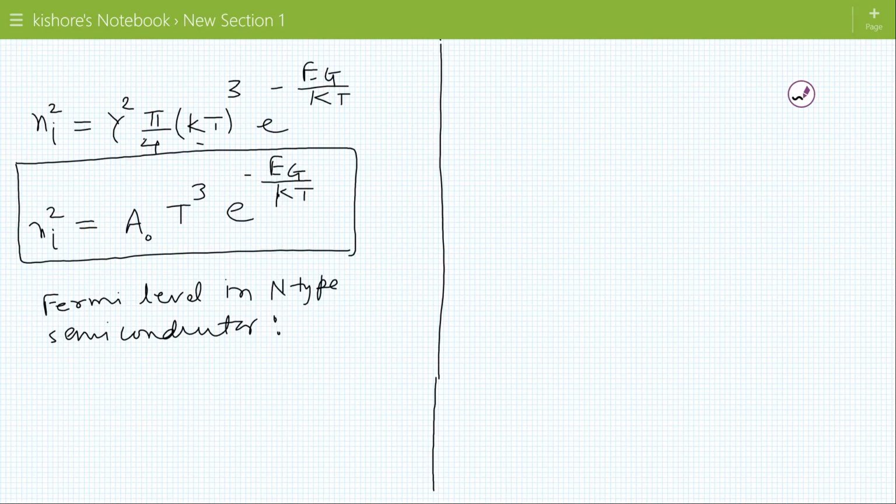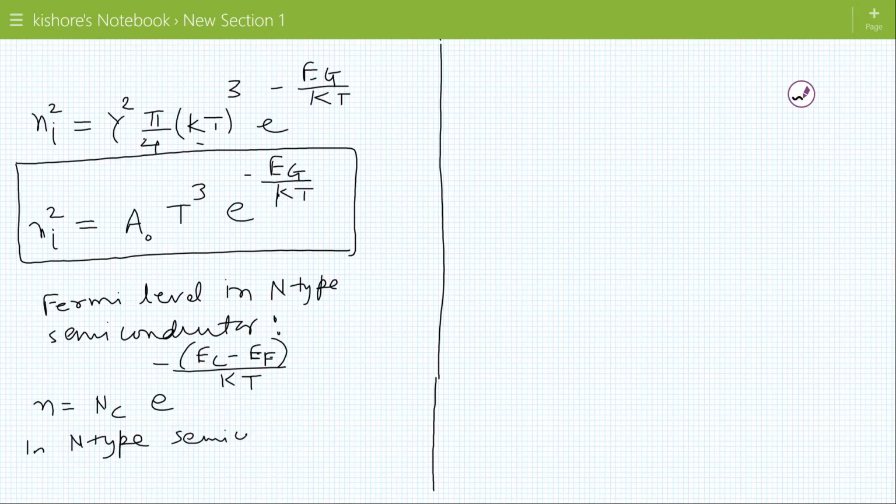We have the expression for concentration of electrons in the conduction band, that is Nc e to the power minus (Ec minus Ef) by kT. In N-type semiconductor, the concentration of electrons is equal to the donor impurity concentration.